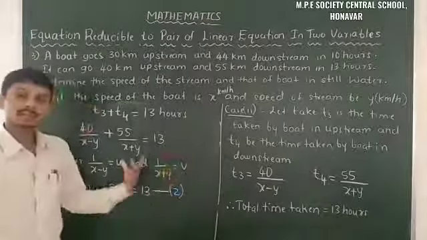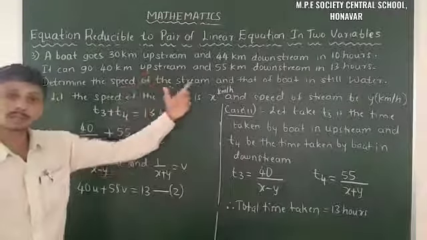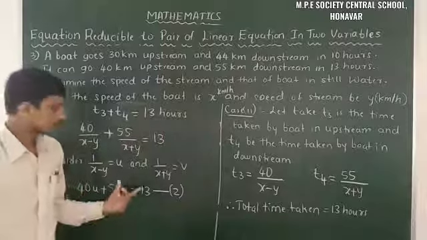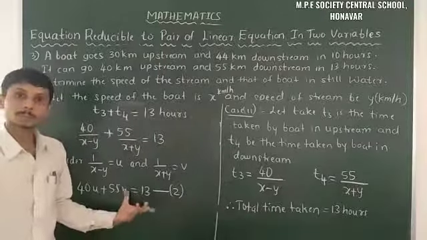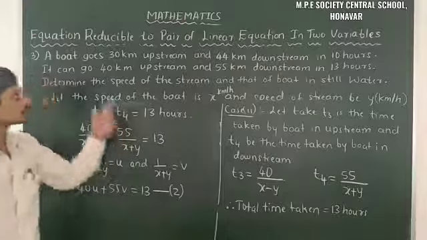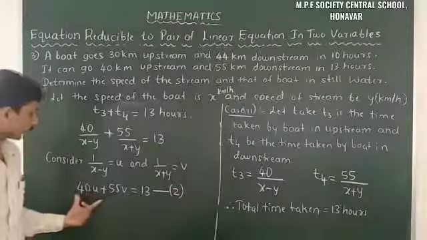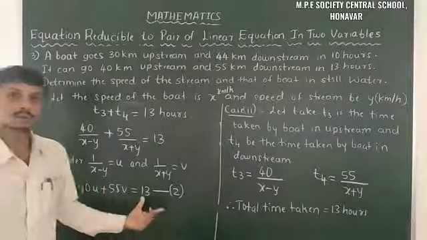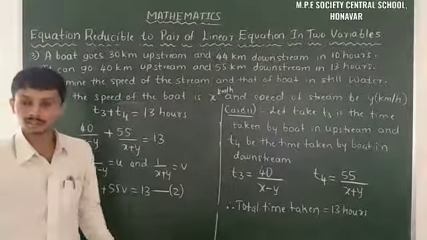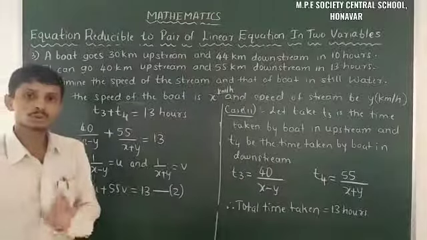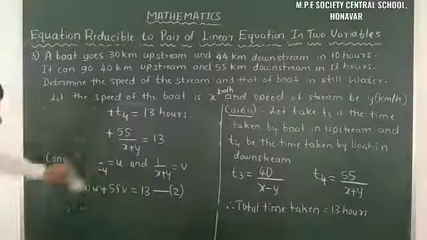So here statement 2 is converted into equation form. Previously we got 30u plus 44v is equal to 10. Here we got 40u plus 55v is equal to 13. So let us consider only those two equations.